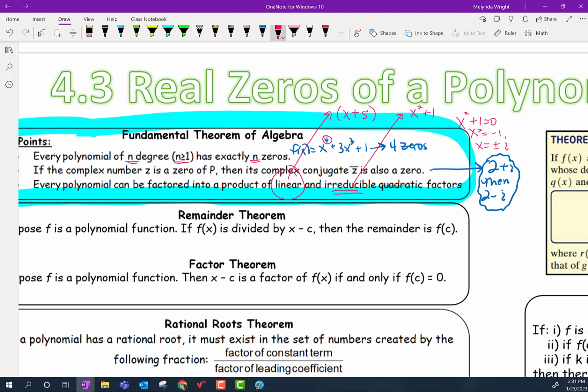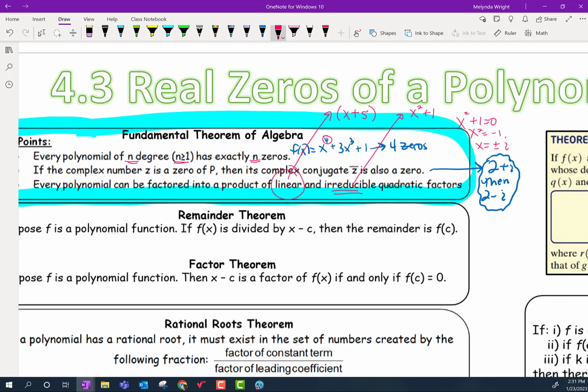That's why it's irreducible: if you keep going, you produce imaginaries. That's the third bullet point of our fundamental theorem of algebra. Any questions on that first block?